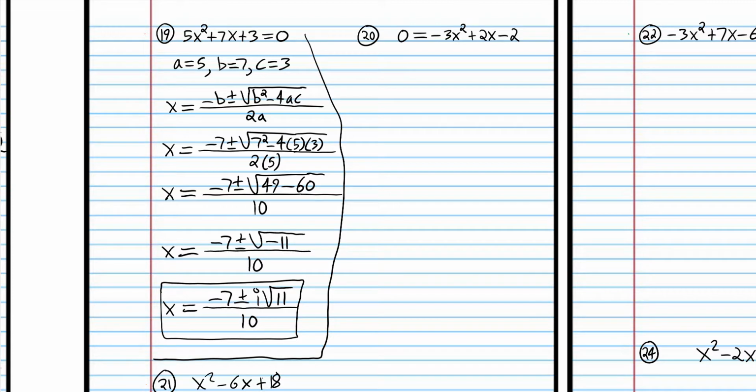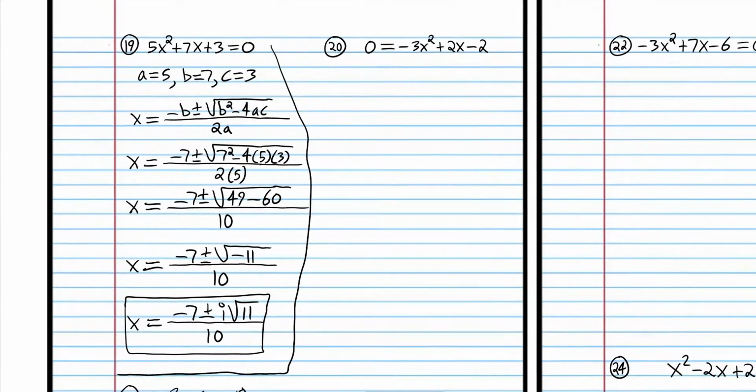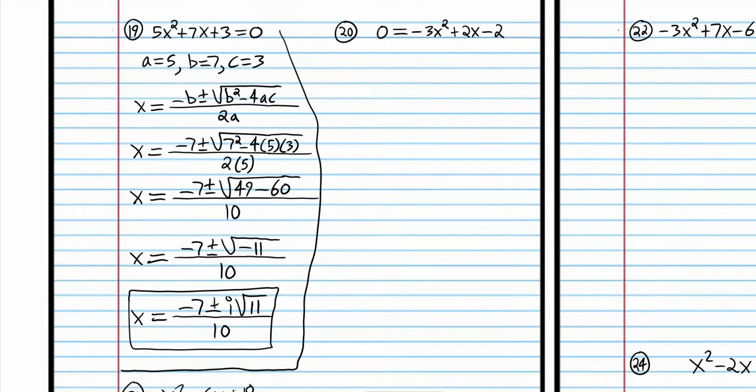You might want to call these imaginary solutions, but the problem is, technically they are complex. So it is confusing. You might say they have imaginary parts, but we're just going to call them complex solutions, even though that doesn't really make a whole lot of sense, because again, all solutions are technically complex.